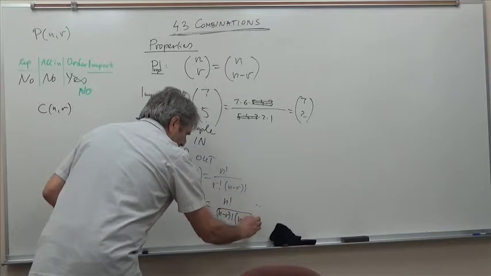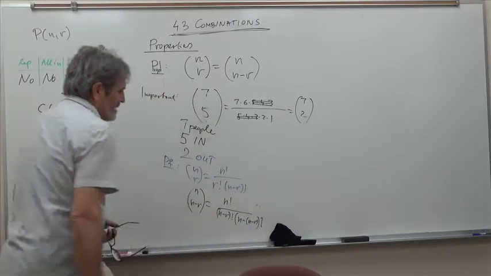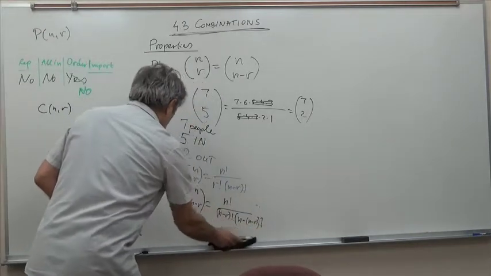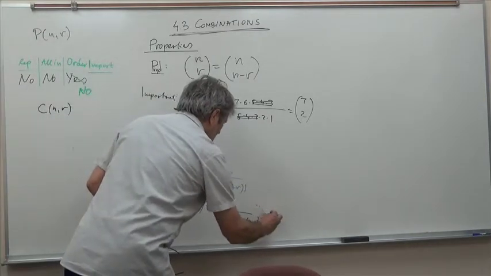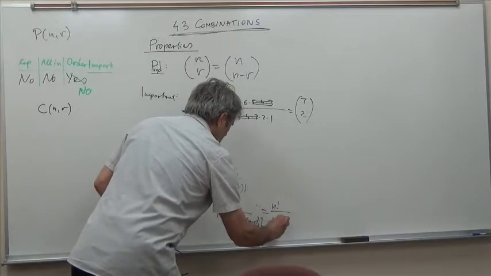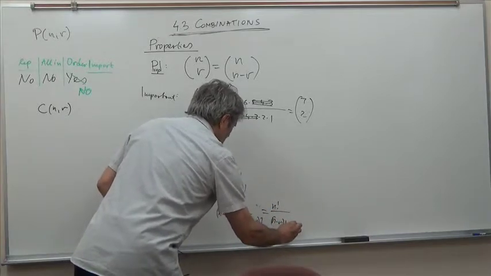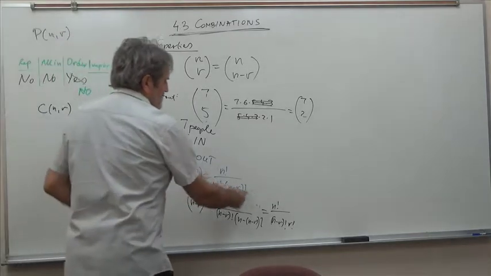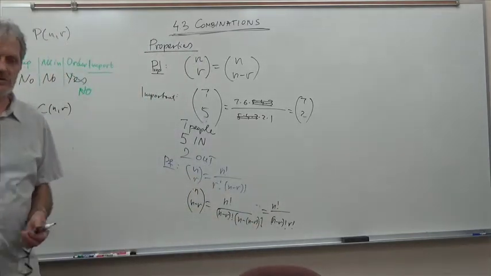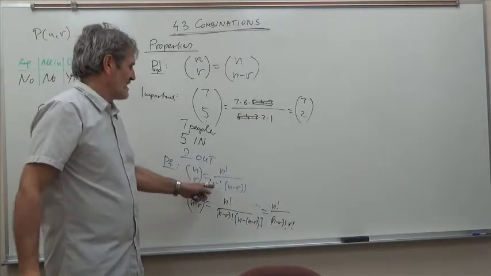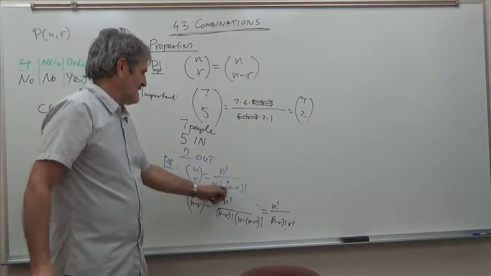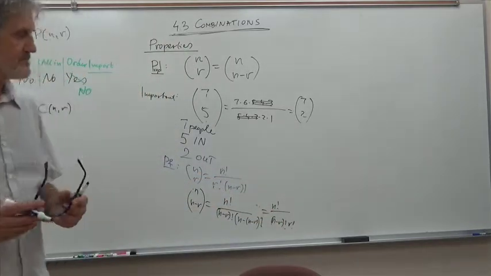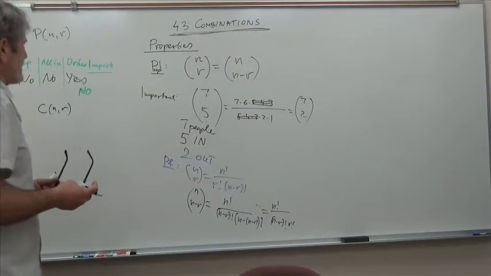Then I go n minus r, but that n minus (n minus r) is just r, so I get n factorial over n minus r factorial times r factorial, just in different order. So the same thing, just in different order. That's what I said a minute ago: in, out, and this is out, in, the same story. All right, that's the first property.